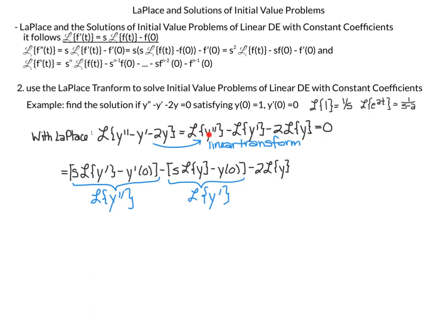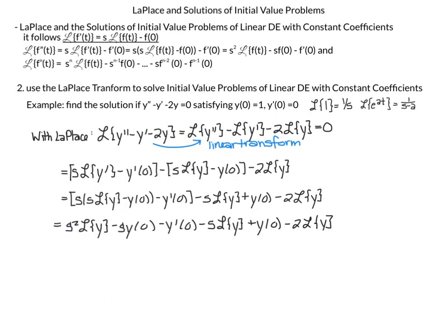Since y double prime is the derivative of y prime, this is s L of y prime minus y prime of 0. Here, for y prime, we get s L of y minus y of 0, and we have minus 2 L of y. We can then simplify this. This part, our L of y prime, is equal to s L of y minus y of 0.